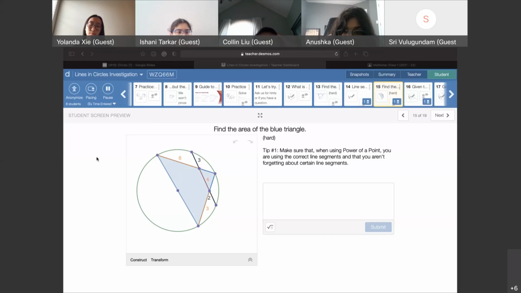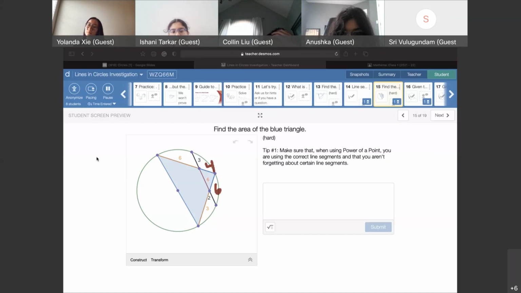So I did 10 times 11 since it's the right triangle, and then I divided by 2, and I got 55. You would have gotten 6 and 4 for this side, which is 10, and then you should have gotten 9 times 2 over 3, which is 6. So you should have gotten 10 and 9.